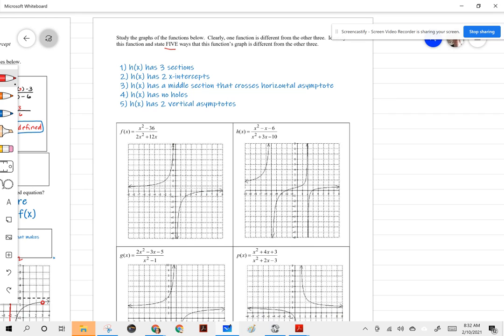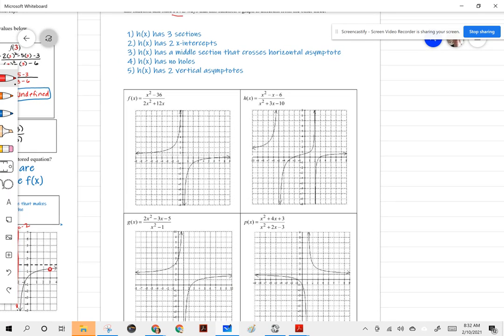We can definitely see that h of x has 3 sections as opposed to everybody else having 2. H of x has 2 x-intercepts here and here. It has a middle section, right? The other guys do not. And that intersection actually goes through that horizontal asymptote.